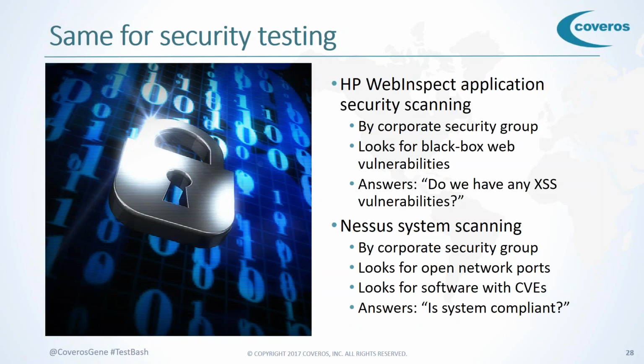Same goes for security testing, right? If at the end we have this full-blown test by this corporate security group that uses HP WebInspect and Nessus, right? It's looking for black box web vulnerabilities. Do we have any cross-site scripting, cross-site request forgery, that type of thing, or looking for open ports, software with known vulnerabilities, right? We're looking for compliance.